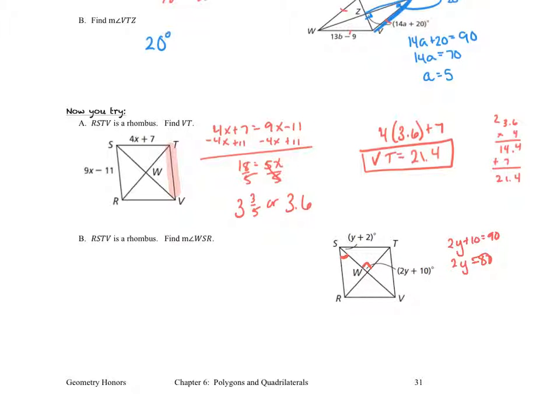Subtract 10 from both sides, so 2y is 80 and y is 40, which means that this angle, y plus 2, is 42 degrees, but these are congruent because the diagonals bisect the angle, so it creates two congruent angles. So the measure of angle WSR is equal to 42 degrees.